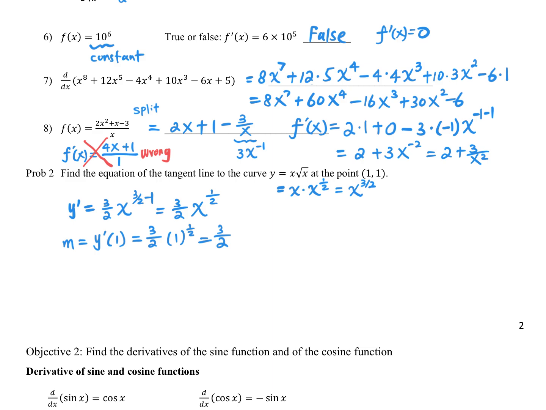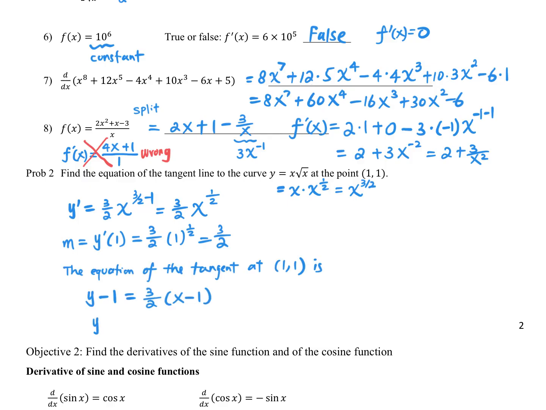We have the slope, we have the point, therefore we can quickly find the equation of the tangent line at x equals 1, y equals 1. So y minus y1, which is 1, equals the slope, which is 3/2, times x minus x1, which is 1.